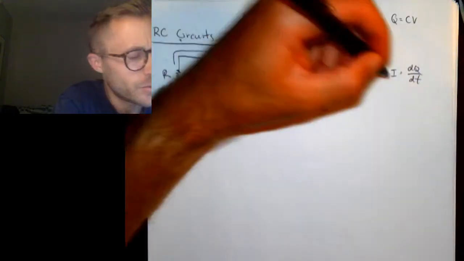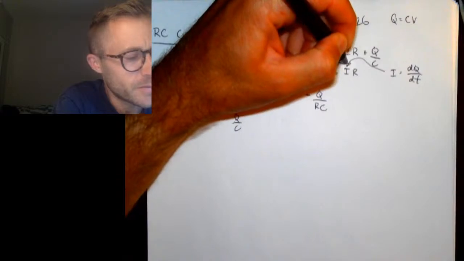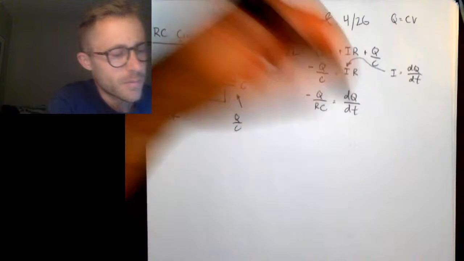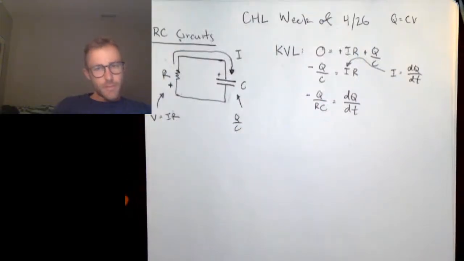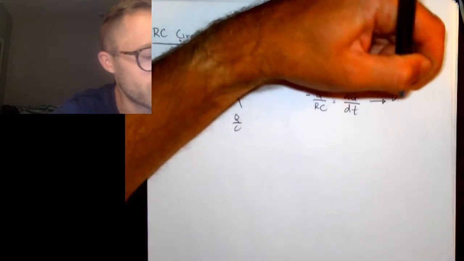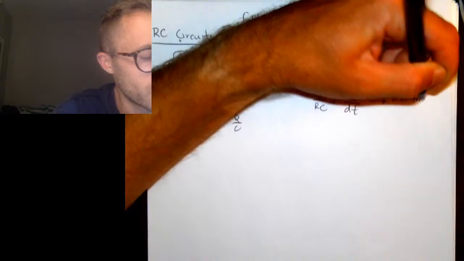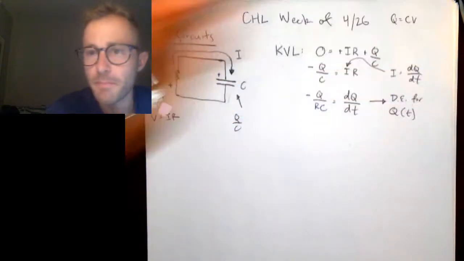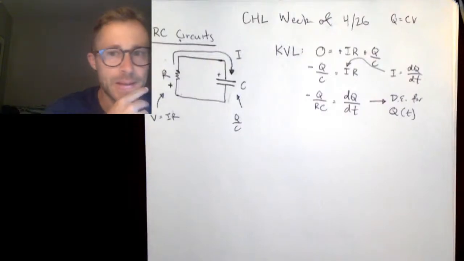I'm going to plug that in right here. Boom. So that is a differential equation for the charge on the capacitor as a function of time. All right. So that's nice.